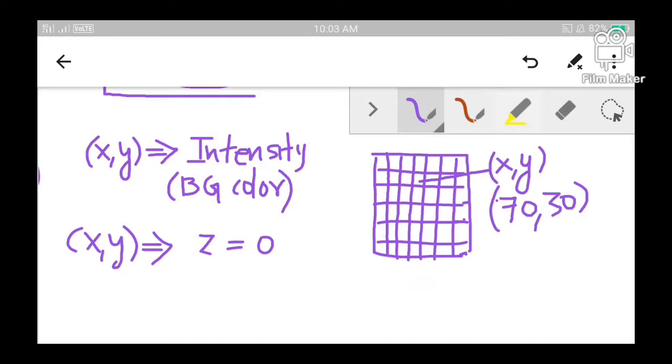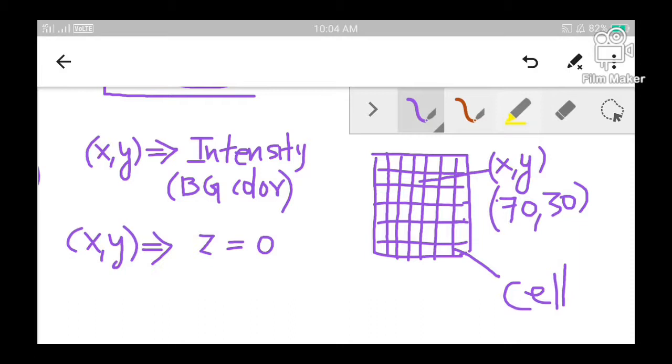Due to this division, the smallest division obtained is called a cell. This cell is so small that it can hold only a single dot within it. And when we try to plot a single dot within this cell, that plotting point is known as a pixel.